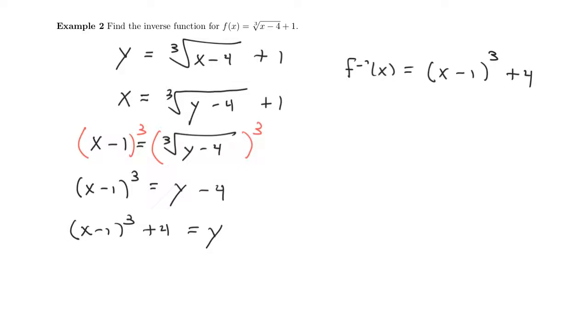So I think it's worthwhile looking at this function and just asking if it reverses everything this function does. Okay, the last thing this function does is it adds 1. But the first thing this one does is subtract 1, so that's good. The second to last thing this function does is it takes the cube root.